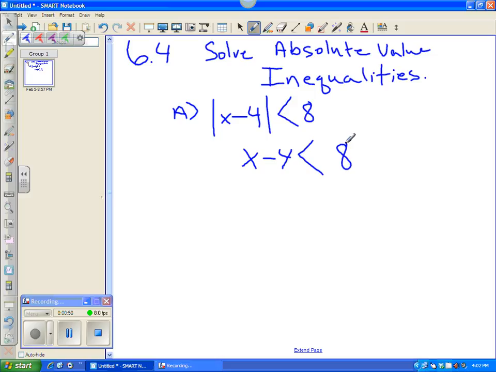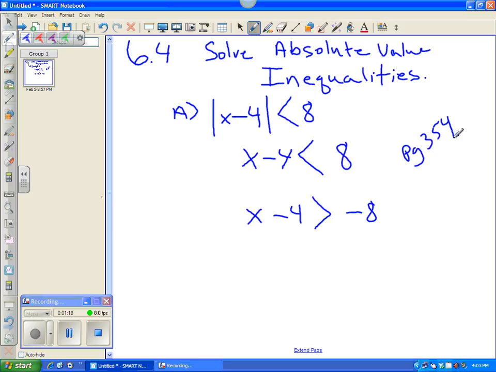And the second one is x minus 4 is greater than or equal to a negative 8. That's how you set up your inequalities, and that's based on page 354 in your Littell algebra book, if you need to look at those.